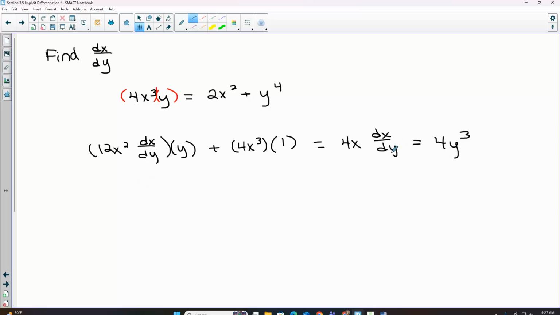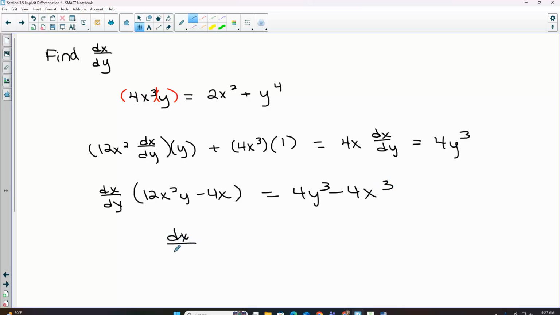So if I were solving, I would subtract over the 4x dx dy and factor out dx dy. Subtract over 4x cubed. Divide and take a 4 out of everything.